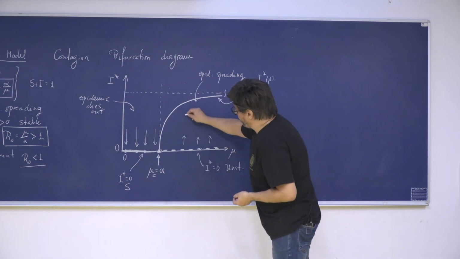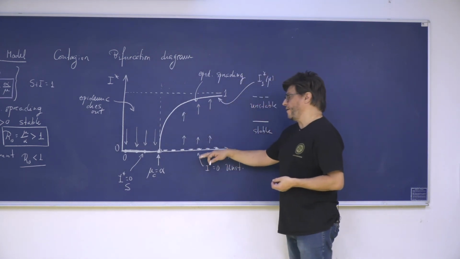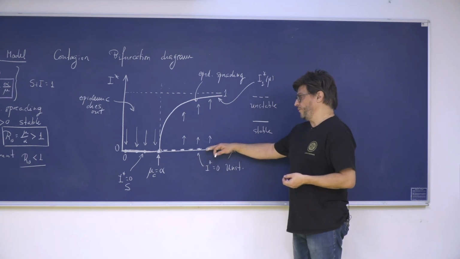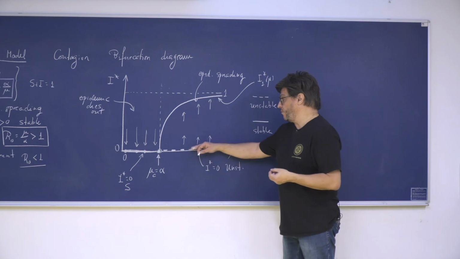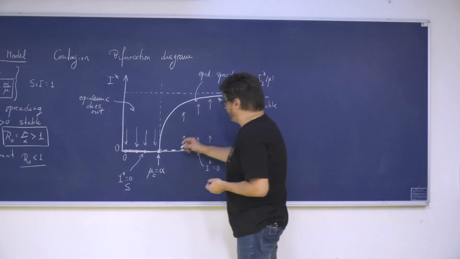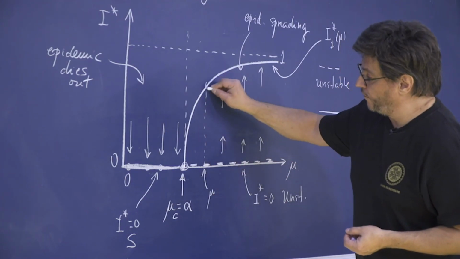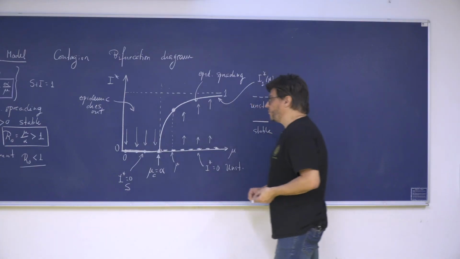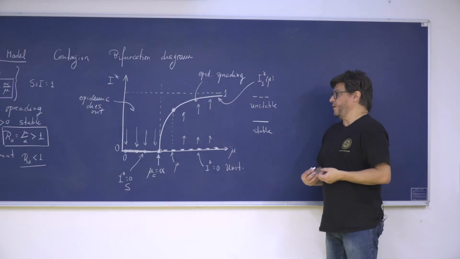But essentially, it's a continuous line. Anything I have here, a small perturbation, I add an infectious particle here, and the system rapidly moves in this direction. And for any mu I want to take, this is the fraction of people in the population that is infected.